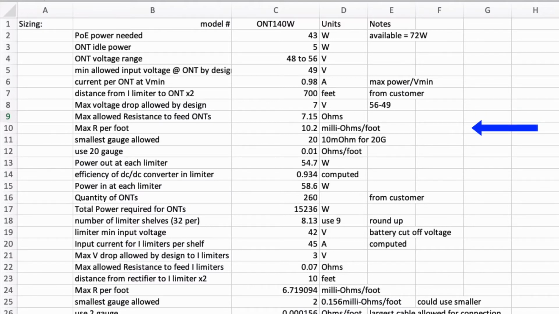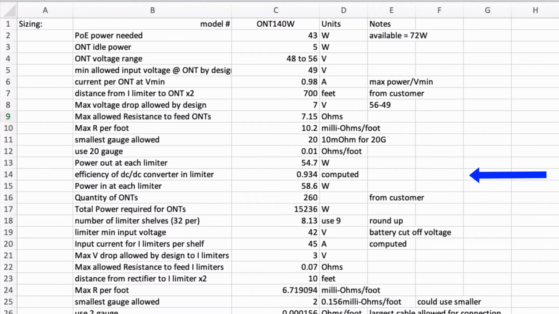Using the maximum length of 700 feet, I calculate 10.2 milliohms per foot, or a wire gauge of number 20. Now that I have the total ONT power load and the total cable loss, I can compute the output power of each power limiter to be 54.7 watts.